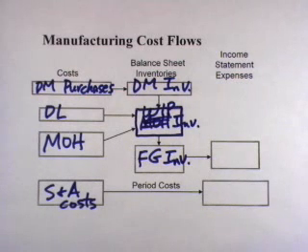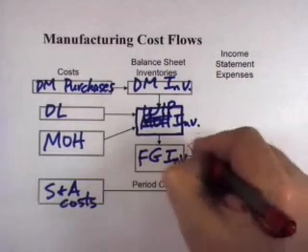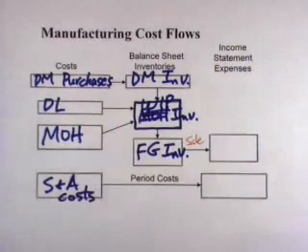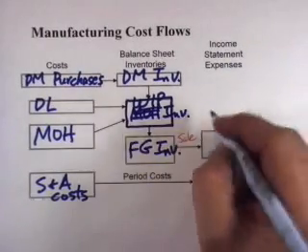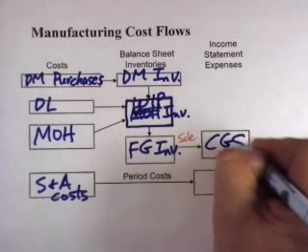And finally, when a sale takes place, those costs, product costs in finished goods inventory, are transferred onto the income statement in the form of cost of goods sold.